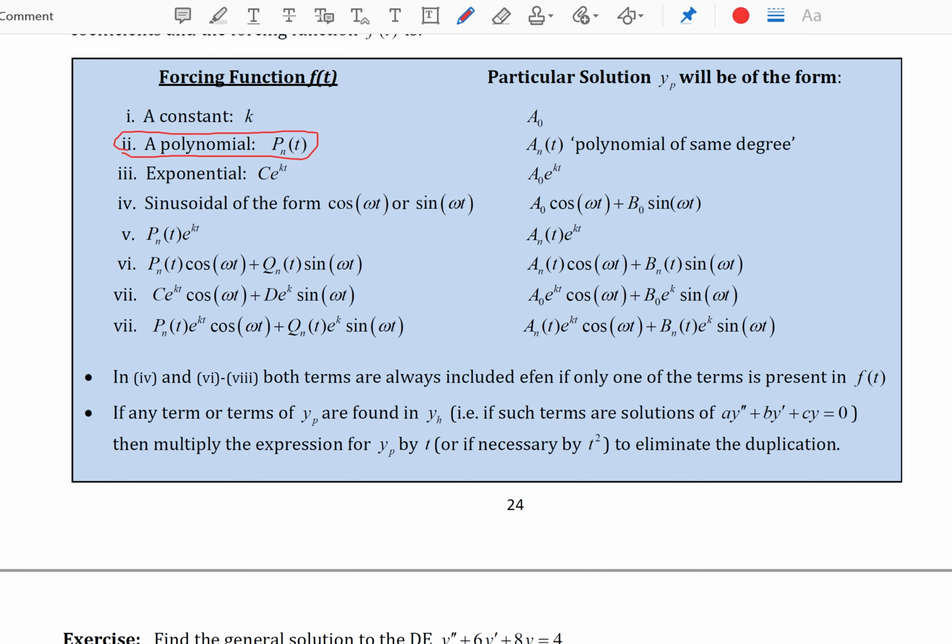Polynomial. If you ever have a polynomial forcing function, your appropriate guess is going to be a polynomial of the same degree. And it's important to include here all descending terms.